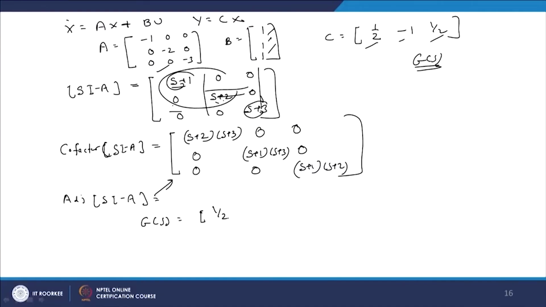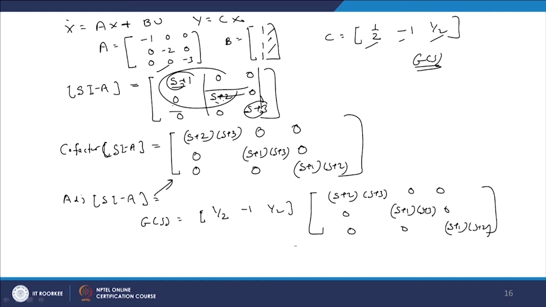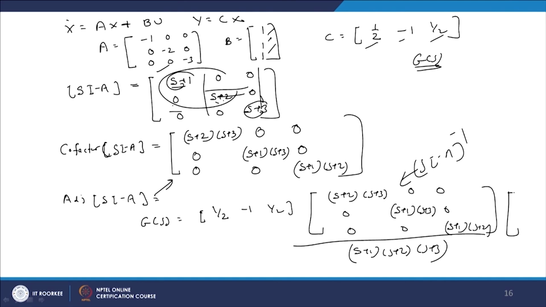So here G of S equals C, where C is 1 by 2, minus 1, 1 by 2, and here we write S plus 2, S plus 3, 0, 0, 0, S plus 1, S plus 3, 0, then 0, 0, S plus 1, S plus 2, and now we have to multiply, and this is the adjoint. What is the determinant? The determinant is nothing but S plus 1, S plus 2 and S plus 3, and this is the SI inverse, and B is 1, 1, 1.